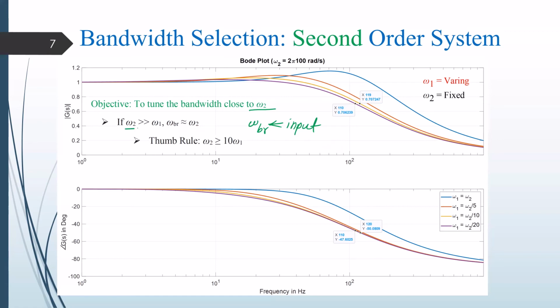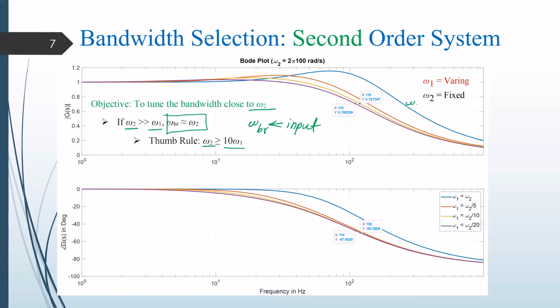And if we assume the second eigenvalue is placed far away from the first eigenvalue, then we can approximately tell that our bandwidth is going to be placed around frequency omega 2. And the very basic thumb rule we can use is omega 2 is greater than or equal to 10 times omega 1.